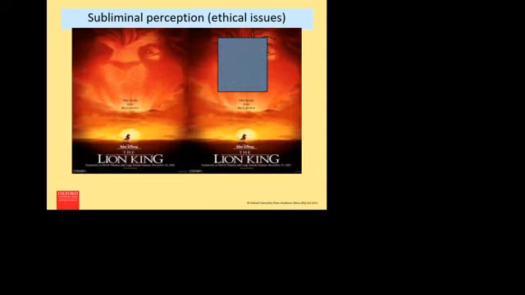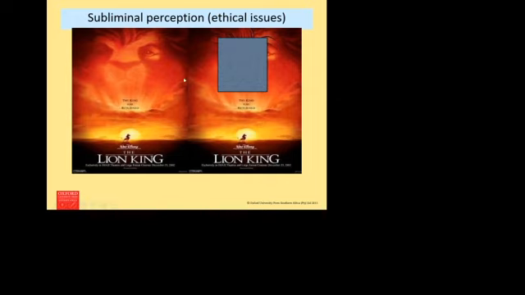For example, I use this example, Lion King. Many children like to watch this Lion King, but some producers, when they want to promote the movie to attract children, sometimes show photos like this.